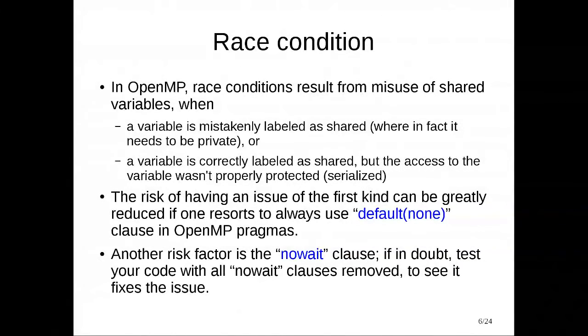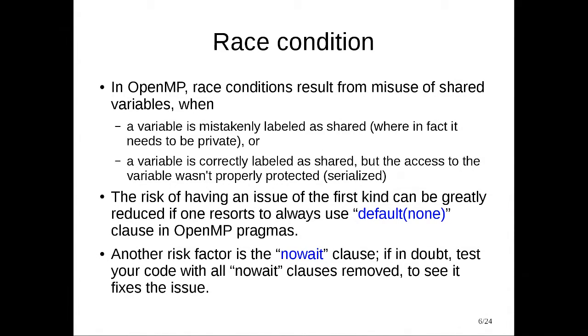So what is a race condition? In an OpenMP context, you get race condition bugs when you misuse shared variables. For those who are not very familiar with OpenMP, you have to label any variable you use inside a parallel region as either shared or private.